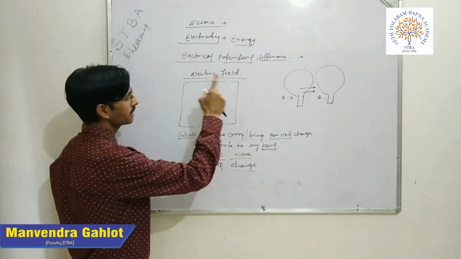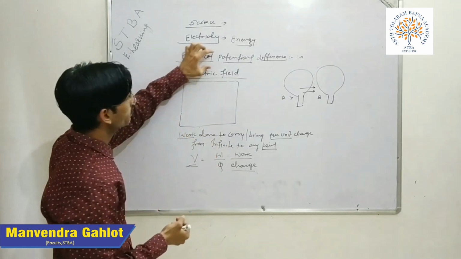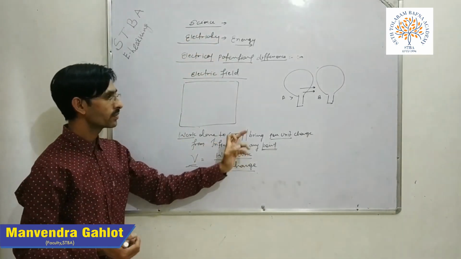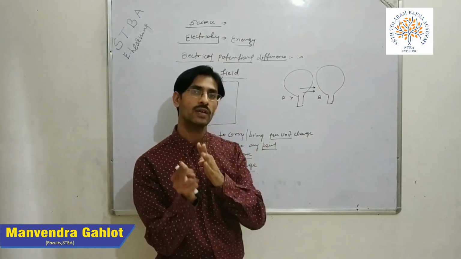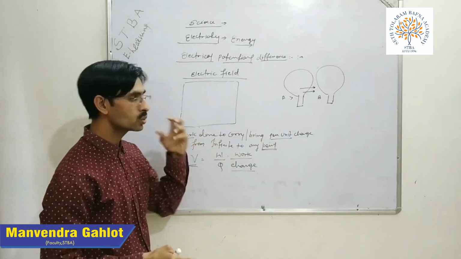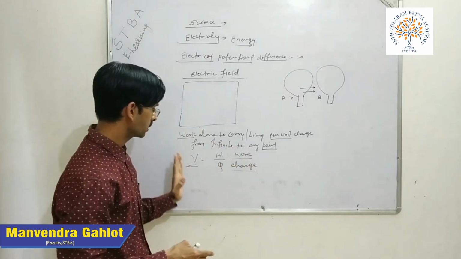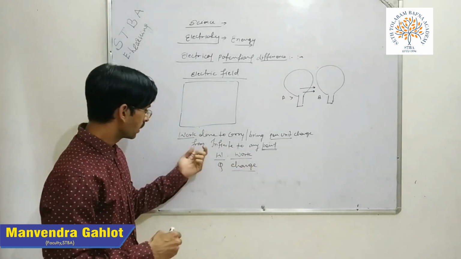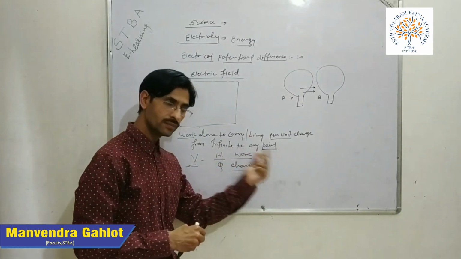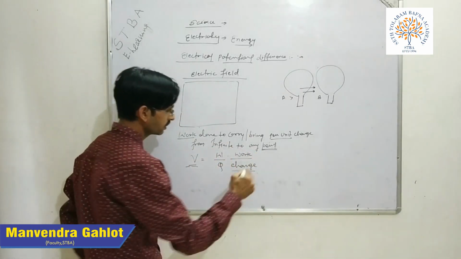I repeat again, what do we mean by potential? Electric potential is the work done to carry per unit charge from one point to another point, or from infinity to any point. It is called electric potential. V equals W upon Q, where W is work done and Q is charge.